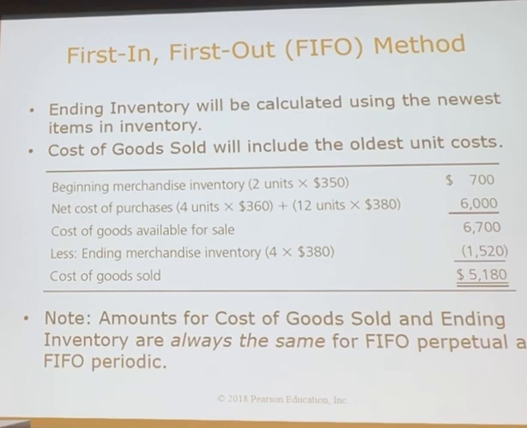However, that's only true of FIFO. With LIFO and with weighted average, you will get different results depending on whether the company uses a perpetual inventory system or a periodic inventory system.